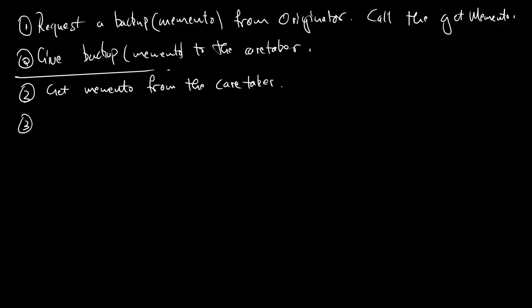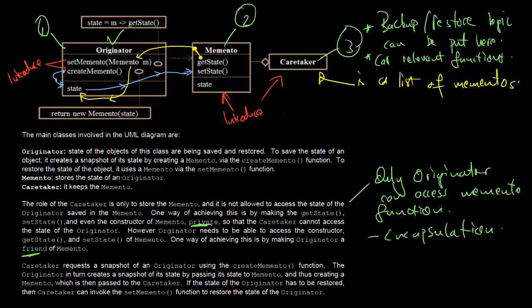And then step number 4, I'm then going to pass Memento to originator. In other words, I'm going to call the, what was it? Create Memento, set Memento function.